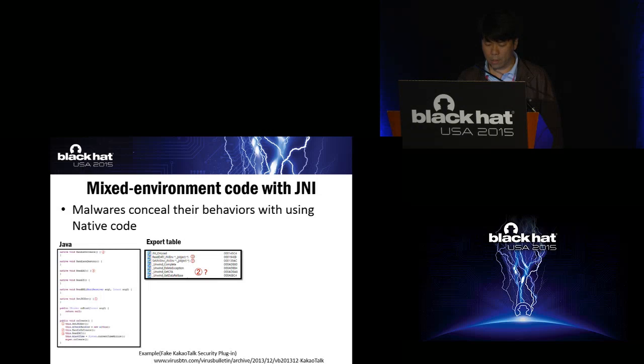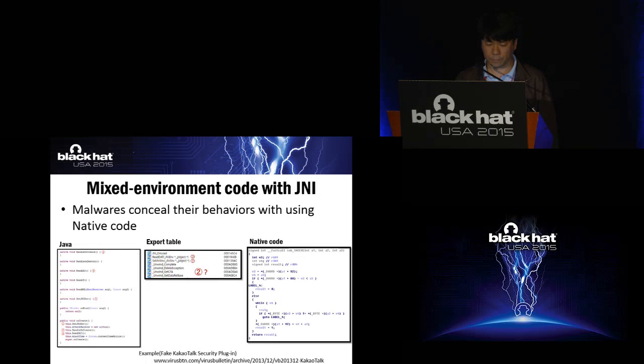Where is handle onCreate? You have to work hard to find the handle onCreate function. It is also difficult to find a Java method in native code. With this encrypted string, it's more difficult to analyze.